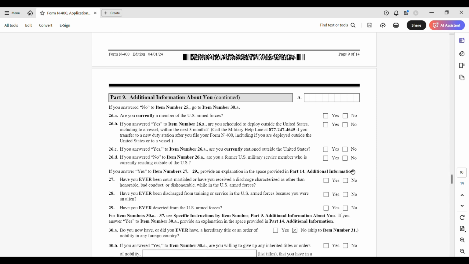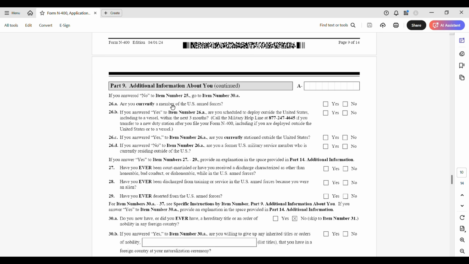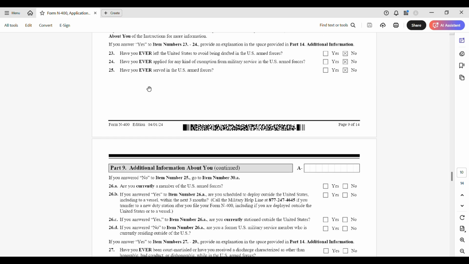Moving on. Part 9, Additional Information About You continued. If you answered no to item number 25, go to item number 30. So item number 25, let's go back to see what that said.